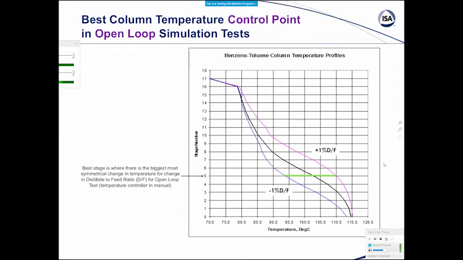Now let's look at a distillation column and how temperature is actually an inferential measurement of composition. What you can do with simulations is make some step changes in, say, the distillate to feed ratio. That's the most common thing.